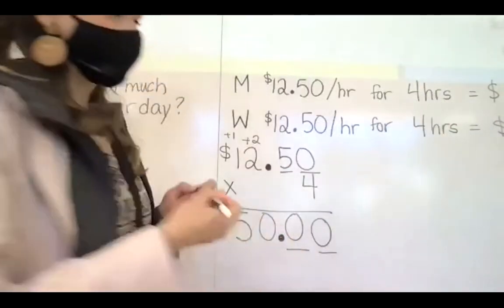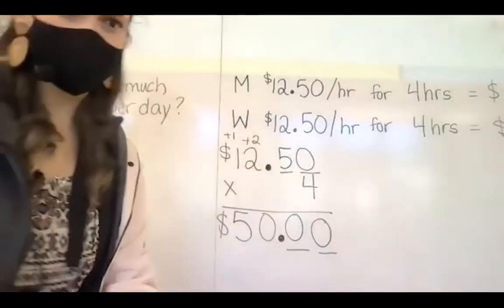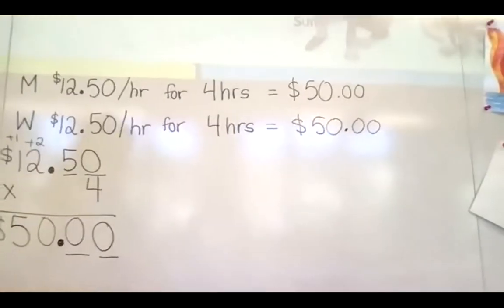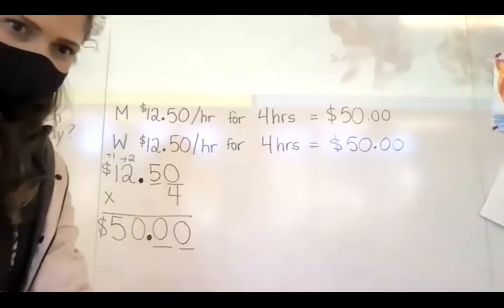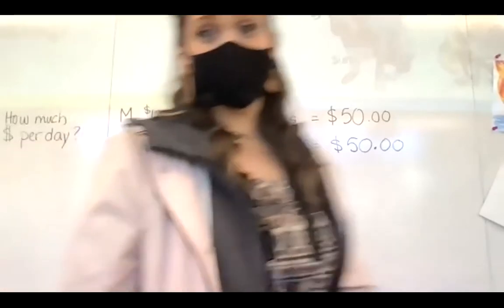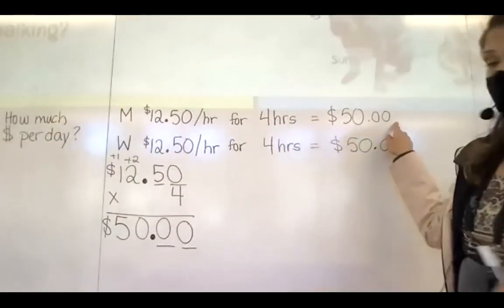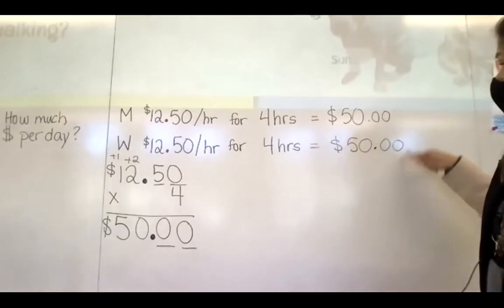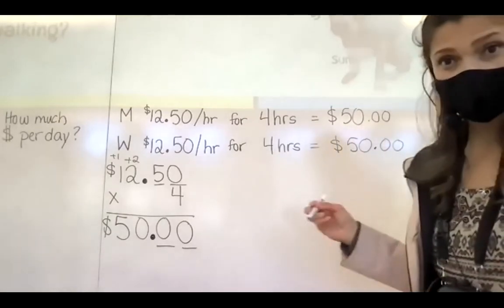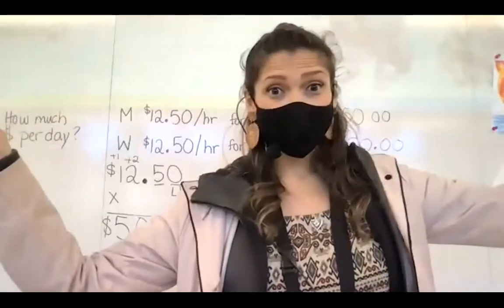Now, our final question is, how much will it cost for the entire week? So she's only getting dog walking done on both of these days. So $50 plus $50 is, everybody?